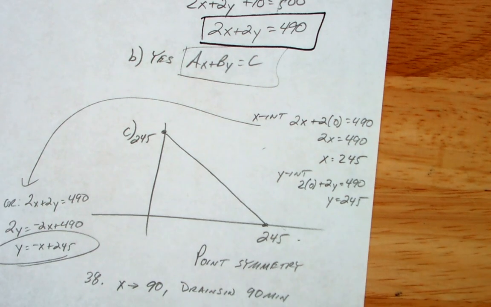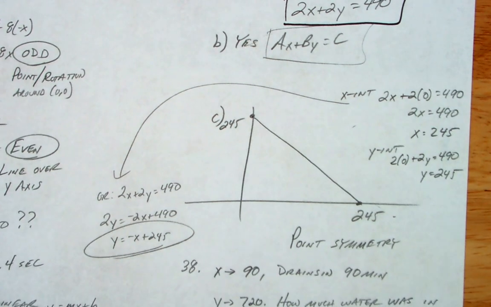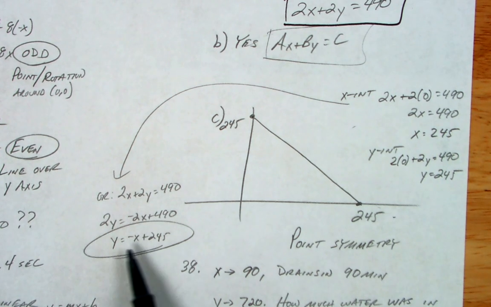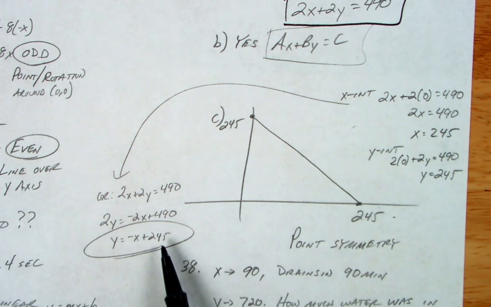Or, if you're bound and determined, you can go ahead and get y by itself, move your 2x over, and divide by 2. You get your slope of -1. My y-intercept is 245, and then you can graph it that way.